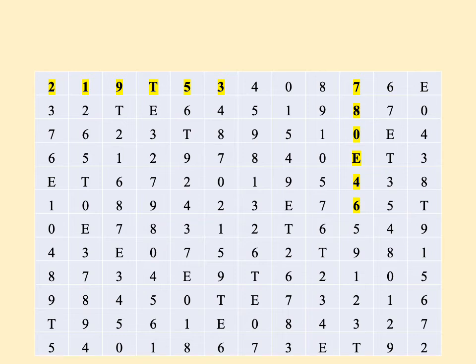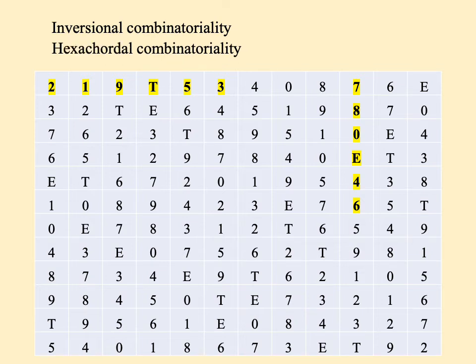For instance, since this particular thing we're showing here involves taking part of a prime form hexachord and combining it with part of an inversion form hexachord, we would say that this exhibits what we would call inversional combinatoriality, which means you can combine the prime row with an inversion row to get an aggregate. Since we do it using 6 pitches from each row, we would say it's an example of hexachordal combinatoriality.